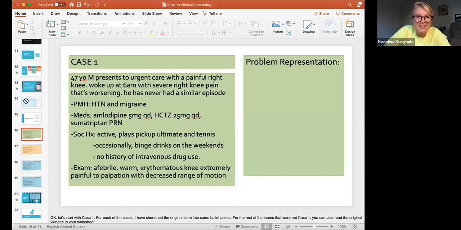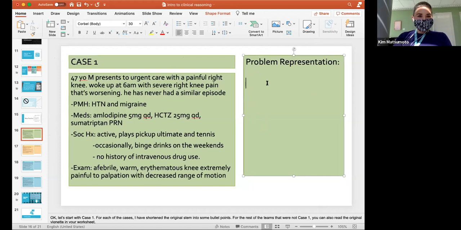Okay, so case number 1. You all see this so that I can just type here. So if we could have a spokesperson for group 1 share their problem representation for us. We had slightly differing opinions on how to do this one. Well, I'd love to hear them.